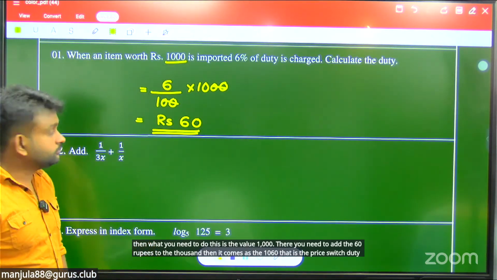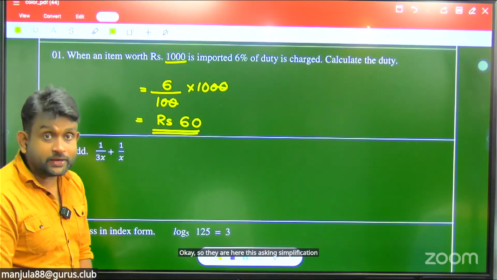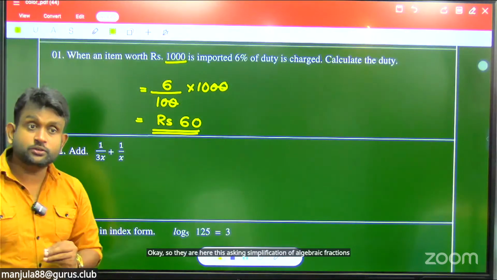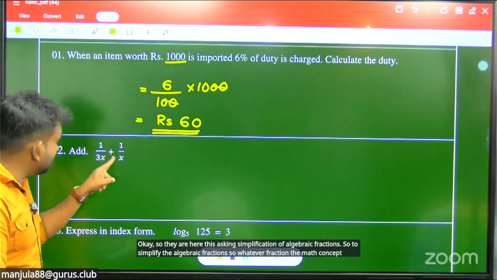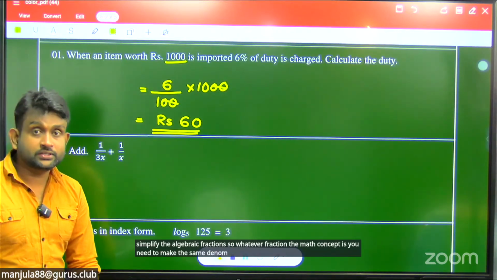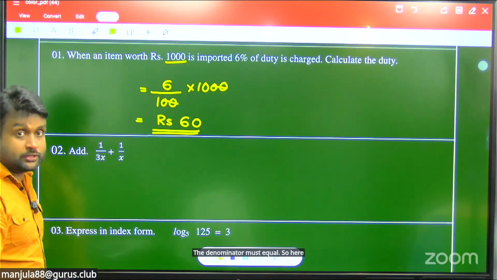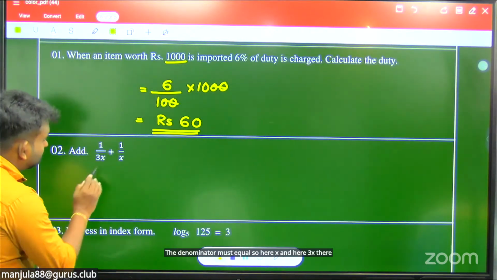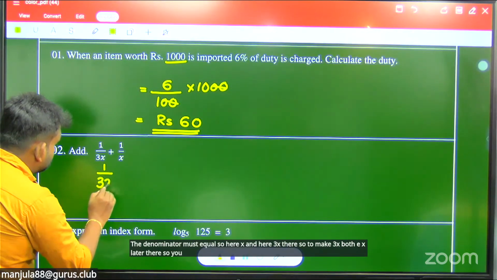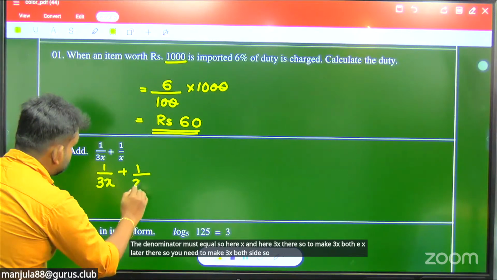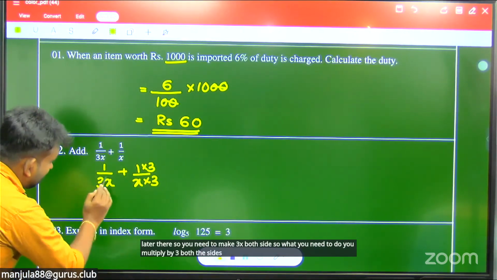Here they are asking for simplification of algebraic fractions. To simplify the algebraic fraction, you need to make the same denominator; the denominator must be equal. Here x and here 3x. To make 3x on both sides, multiply by 3 to make 3x the denominator.